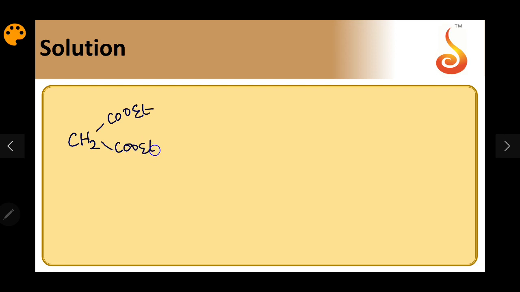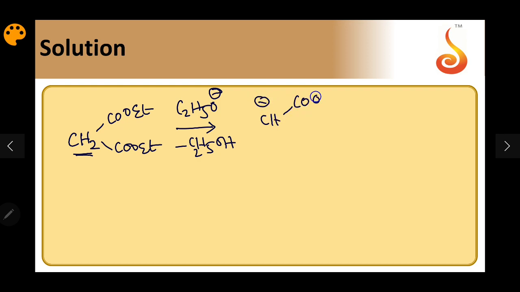So it's an active methylene compound. These hydrogens are very highly acidic. So we have C2H5O minus as a base. So it will take the proton. So it becomes C2H5OH. So I'll get this as the carbanion, CH minus, COOEt, COOEt. This is the first intermediate.